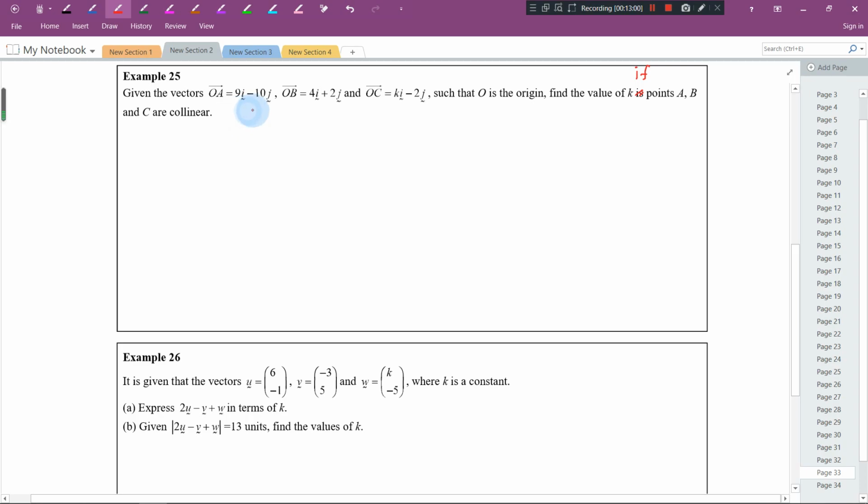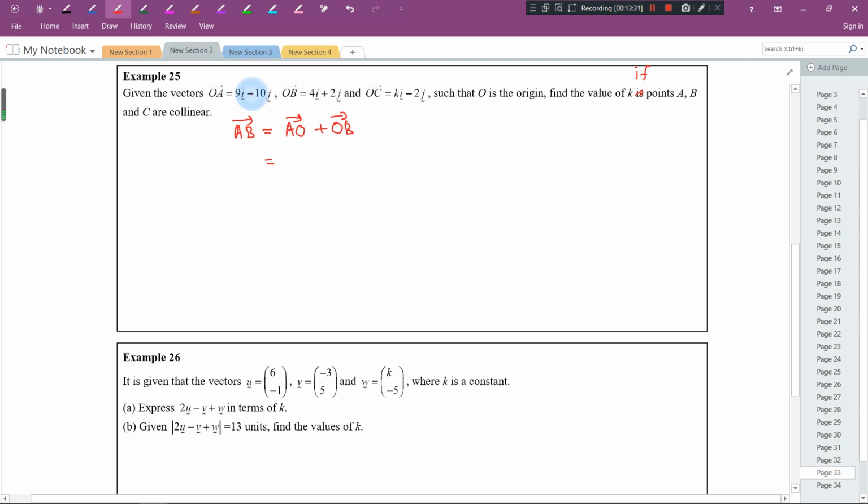When they tell us A, B, C are collinear, we know that the gradients of AB, AC, BC will all be the same. Let me try to find AB first. AB is equal to AO plus OB, right? This is OA, so to get AO we just change the sign.